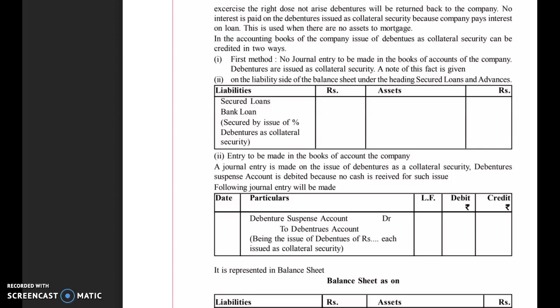It will be shown as a deduction from the debentures account on the equity and liabilities side, and a narration will be mentioned that it is the issue of debentures of rupees so and so as collateral security to the financial institution. This way we can record the entries for the issue of debentures as collateral security under two methods.